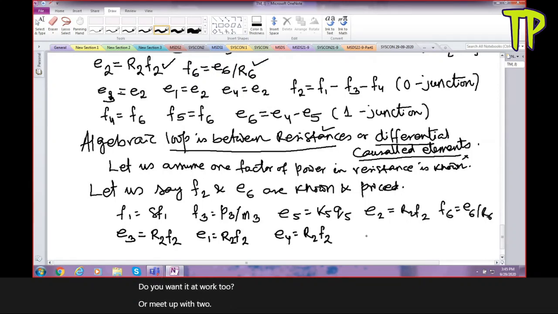Then F1 we cannot right now. Okay, we'll come back afterwards. F2 we don't know right now. We'll come later. Then F4 is F6, F4 is E6 by R6. F5 is equal to E6 by R6. Done. Then we go to next round.